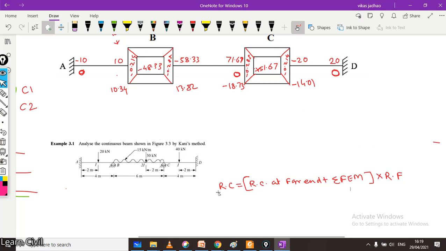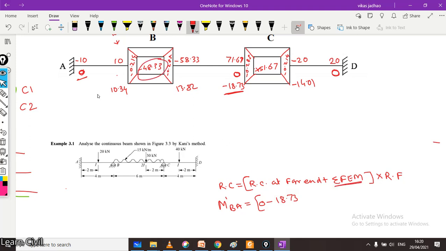So M dash BA, the rotation contribution for cycle 2, is equal to the rotation contribution at far end, that is 0 minus 18.73. So 0 minus 18.73, plus the summation of fixed end moment.